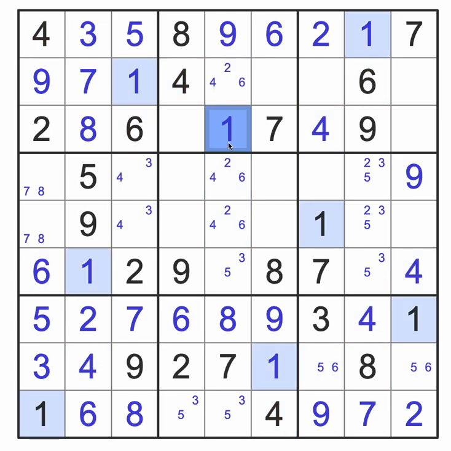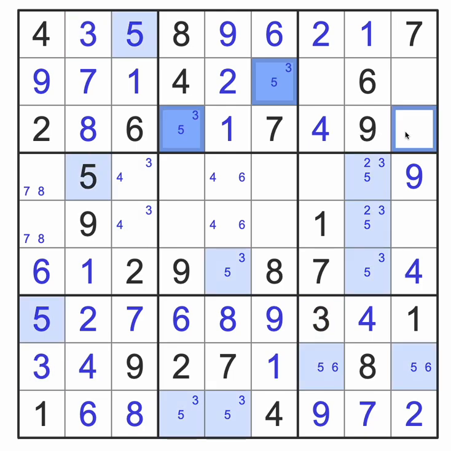So it's 1. And this cell is blocked by 4 and 6. So it's 2. And I have a 3, 5 double here. And this is also 3 or 5.